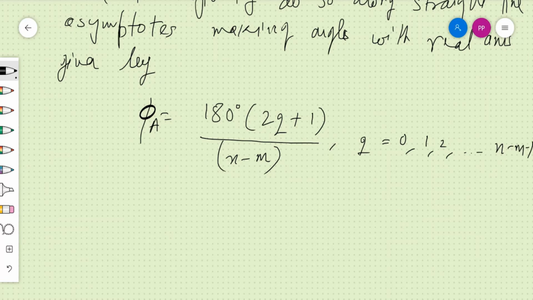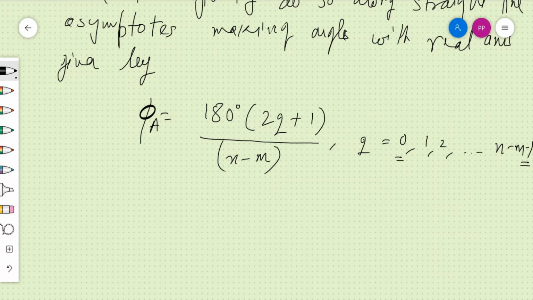So this minus 1 is coming because we are starting from 0. Here we have n as the number of poles and m as the number of zeros.